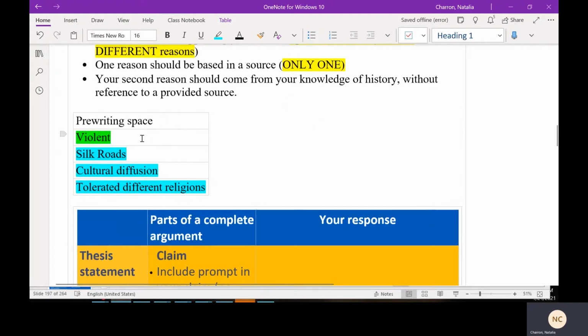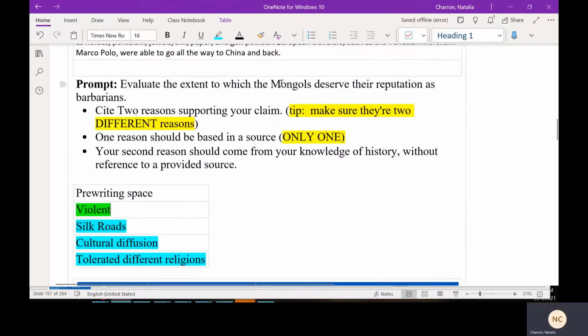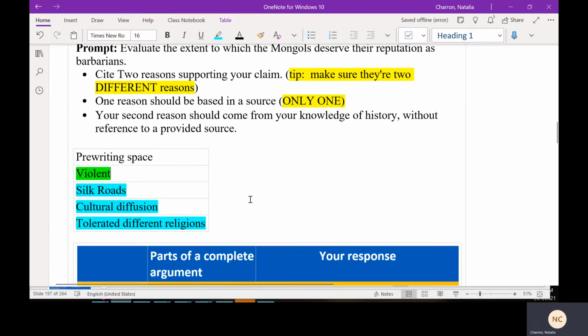So if I had 2 reasons to say that they were barbaric, I might say, like, the Mongols completely deserve their reputation as barbarians. If I had only reasons to say that they were actually like a positive force in history, I might say the Mongols absolutely do not deserve their reputation as barbarians for my claim. Or I can split the difference and write a somewhat prompt.